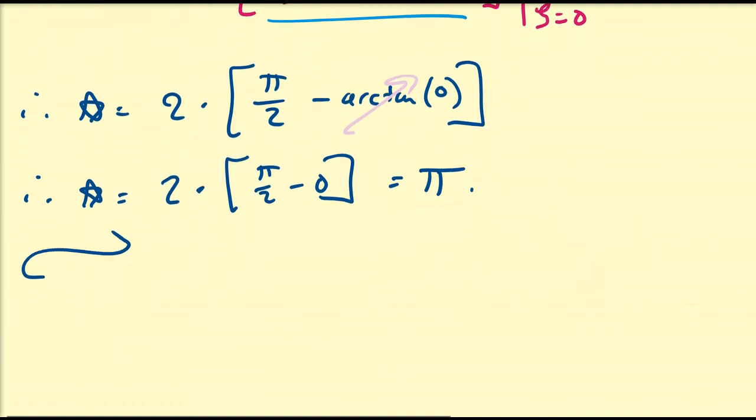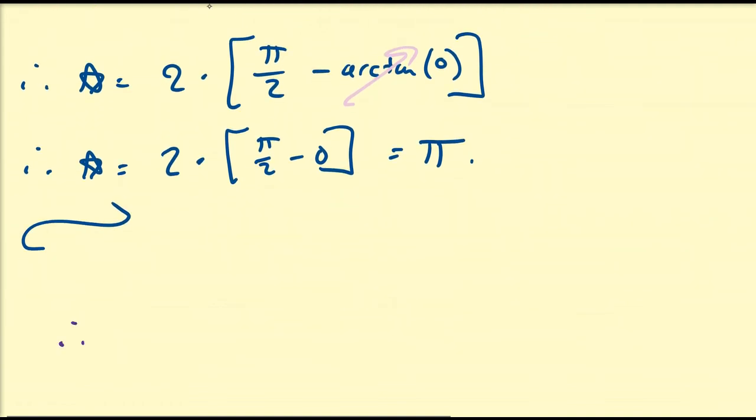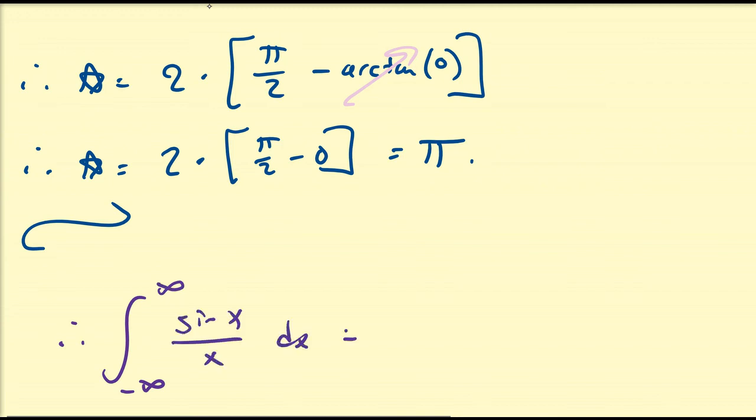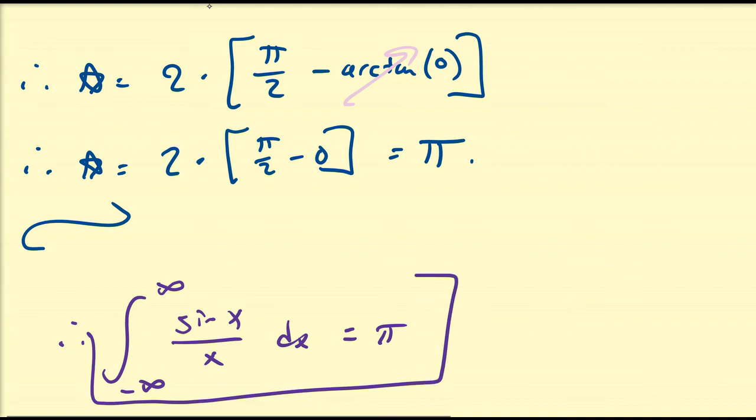So what does that mean? That means the integral from minus infinity to infinity of sine x over x dx is equal to pi. And this is a couple examples on how you can use Laplace transforms to find the value of special types or a family of integrals.